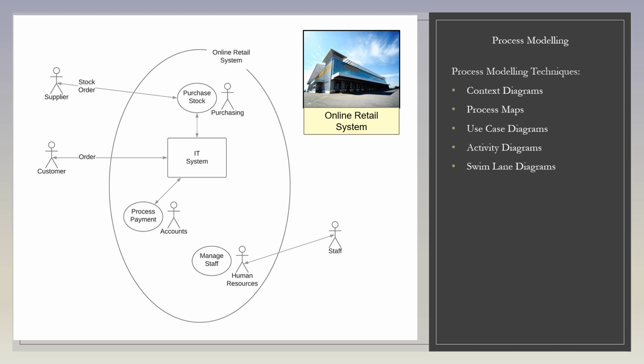This is a fairly generic process model. Within business analysis, there are a number of specific process modeling techniques that can be used to analyze and model a business at different levels of detail. We will be looking at these and how to use them in due course.